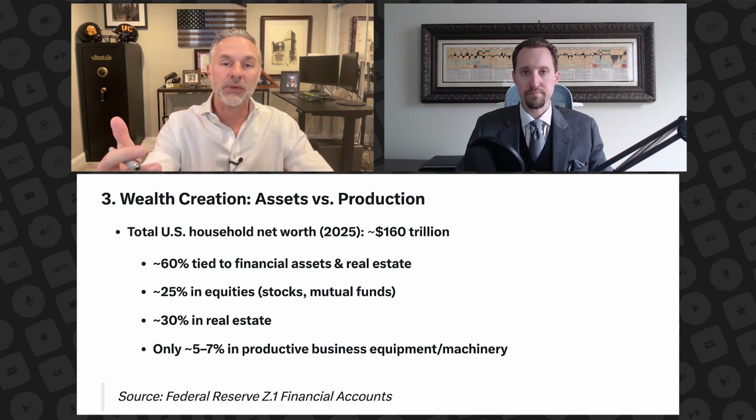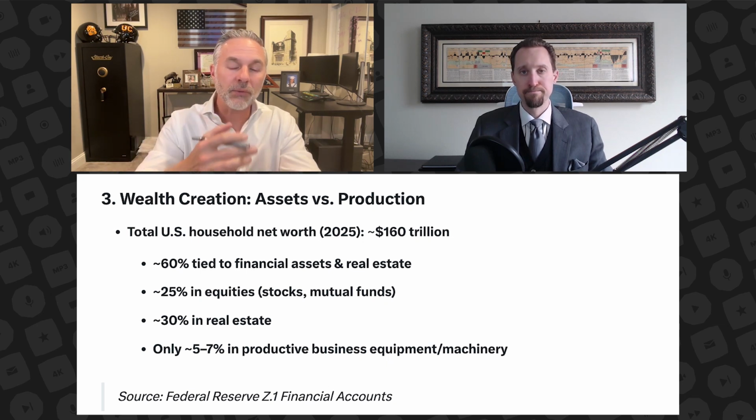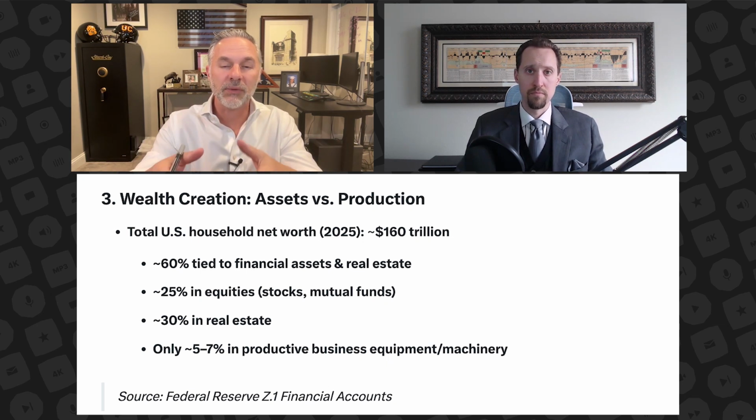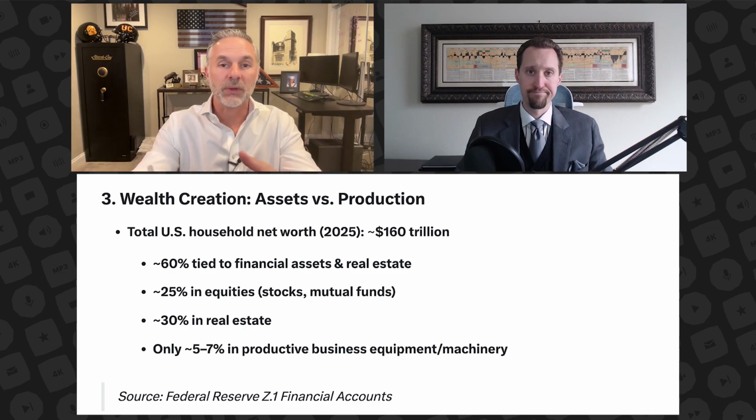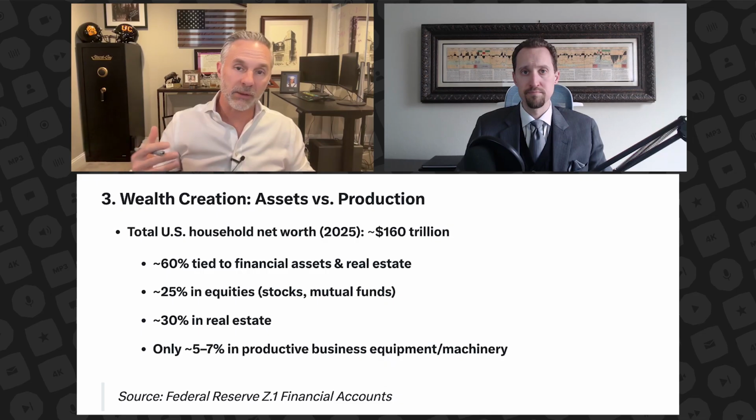The point to all of this is everyone needs to understand we live in an asset-based economy and an asset-based country. So those assets are going to have to continue to increase in price so that the economy continues to function.